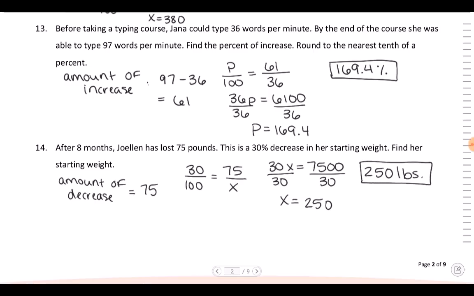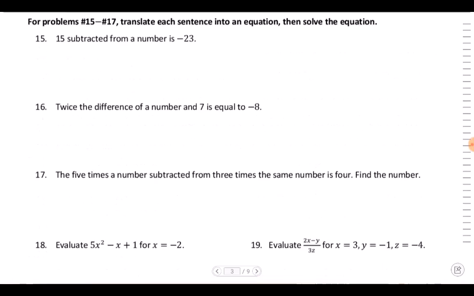All right, next. For 15 through 17, translate each sentence into an equation, then solve the equation. 15 subtracted from a number is negative 23. Okay, so let's pick x to be our number, and I'll just say x equals number.